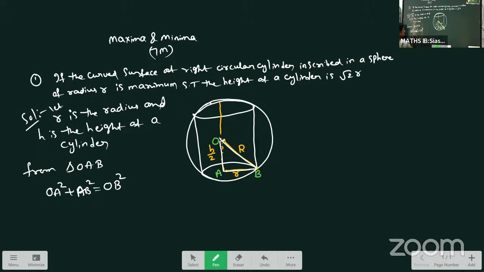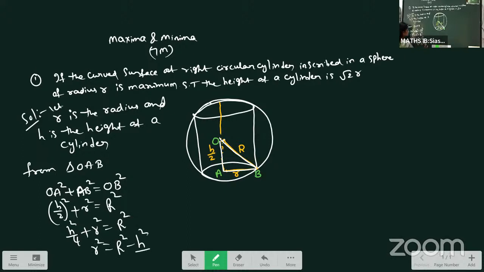We know OA is half of the height, h by 2 whole square, and AB is the radius r, is equal to OB, which is capital R. So this becomes h square by 4 plus small r square is equal to capital R square. Now take small r square: small r square is capital R square minus h square by 4.